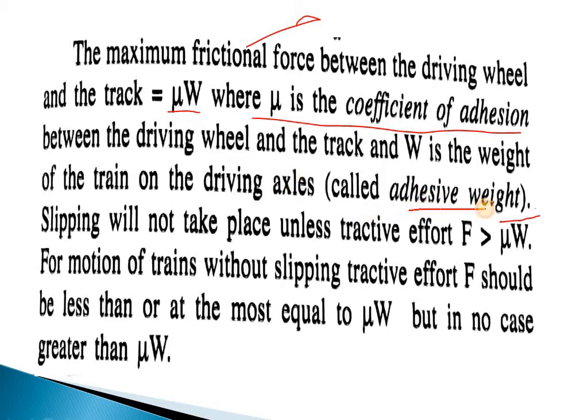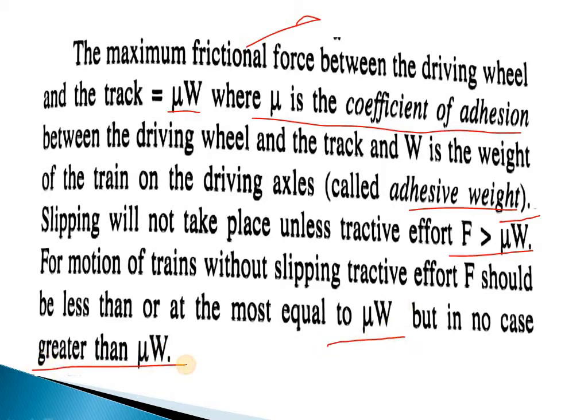This is a very important term, adhesive weight. Slipping will not take place unless the tractive effort capital F is greater than mu into W. For motion of trains without slipping, tractive effort F should be less than or at most equal to mu W, but in no case greater than mu W.